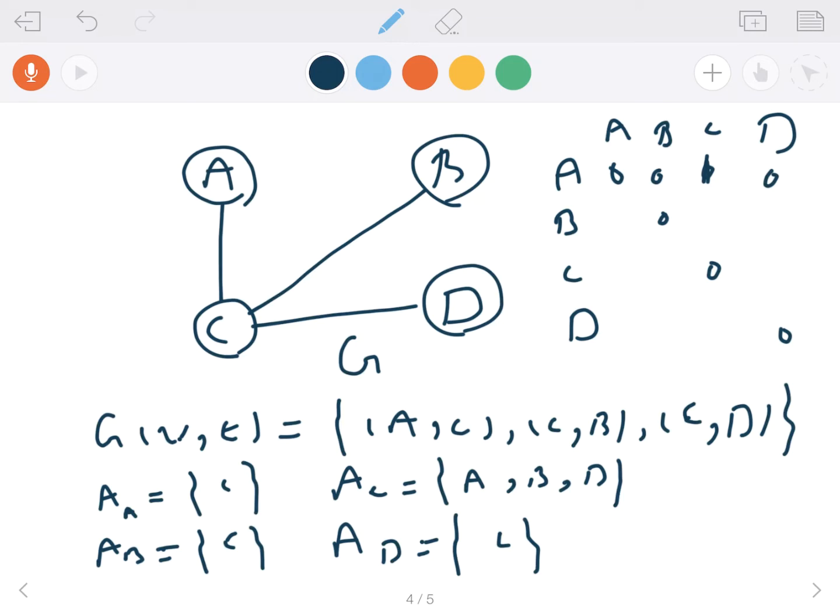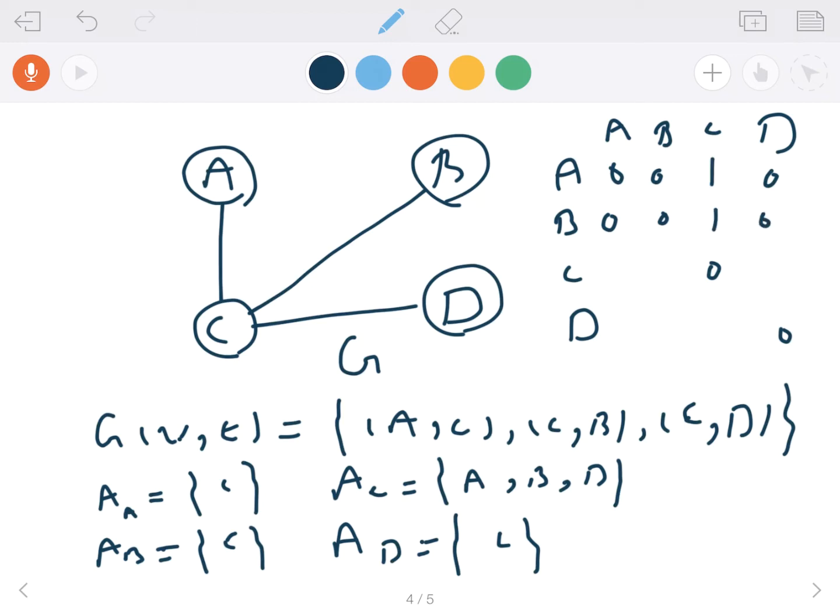You should be careful that we are not talking about the path. The adjacency matrix says whether there is a direct edge that connects any two vertices you're considering. There is no direct edge that connects A and D, so we are putting 0 for that. From B to A, there is none. From B to B we set 0, from B to C is 1, and from B to D also 1.